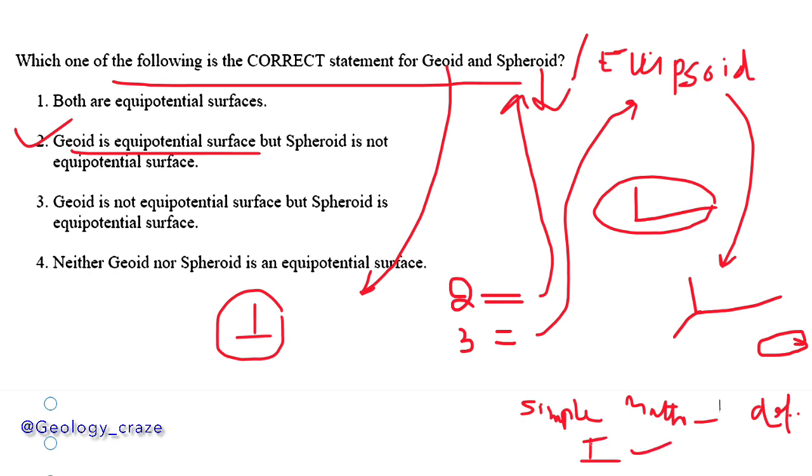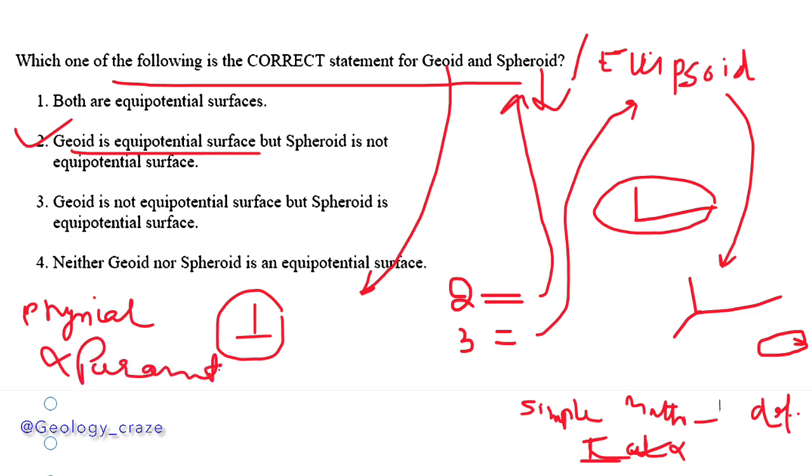We do not use any instrument to calculate this. With respect to geoid, it is a physical definition, because we use gravity in it. Here, described by only two parameters; here we can use an infinite number of parameters. And we can use instruments to measure it. So in this way you can approach this question.